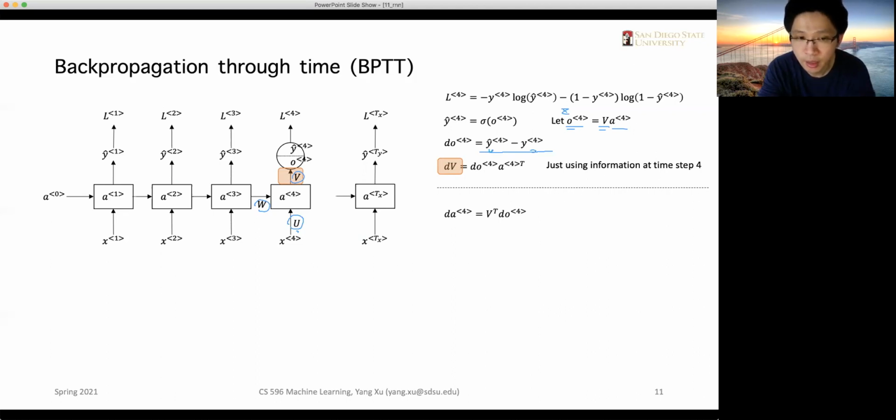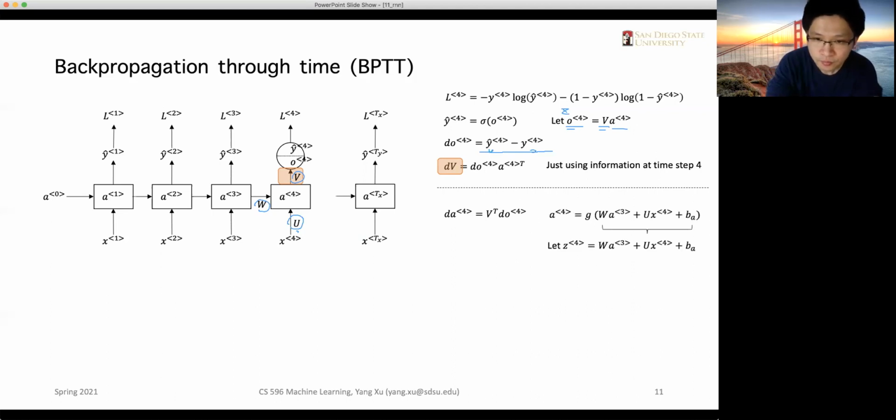It's also the regular backprop, okay? But now, since when we compute A4, there are two components, two time steps involved, not just X4, right? But also A3, okay?